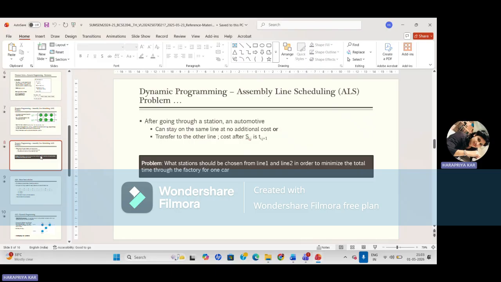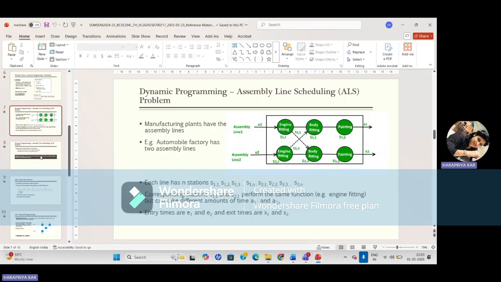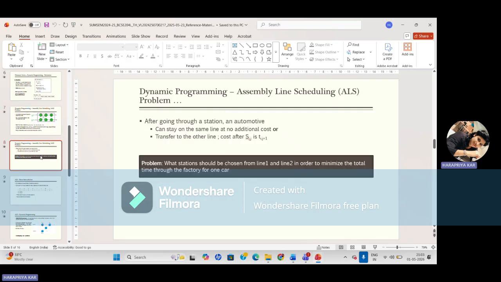One constraint applies: you can stay on the same line at no additional cost, or transfer to the other line. So we have to check whether to stay on the same line or transfer to the other line so that the cost is reduced.